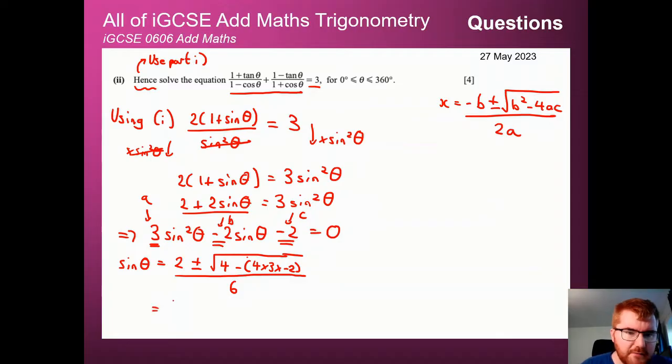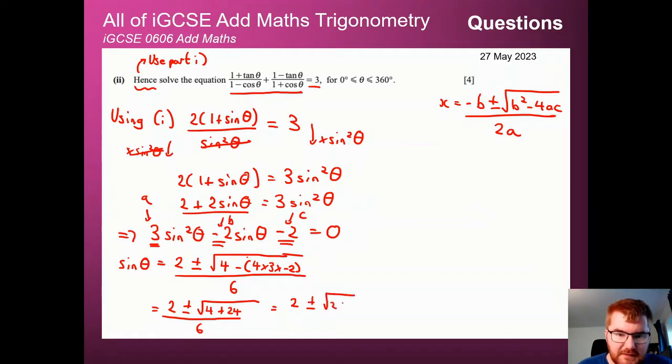If we work our way through this, we get 2 plus minus, we get 4. We're going to get a plus out of this, which is always good. So 12, 24 over 6. And if we simplify this down, so 2 plus minus root 28 over 6. And now we can take a factor of 2 out here.